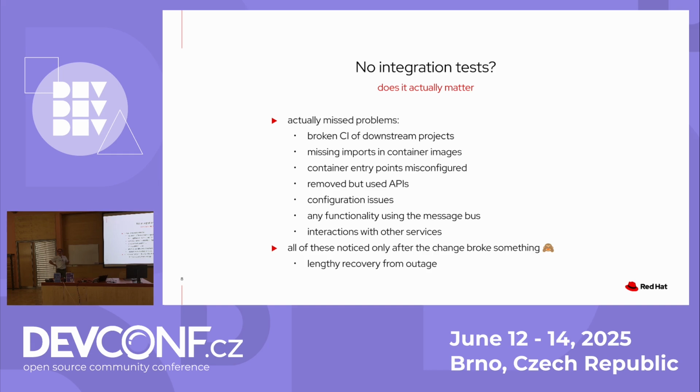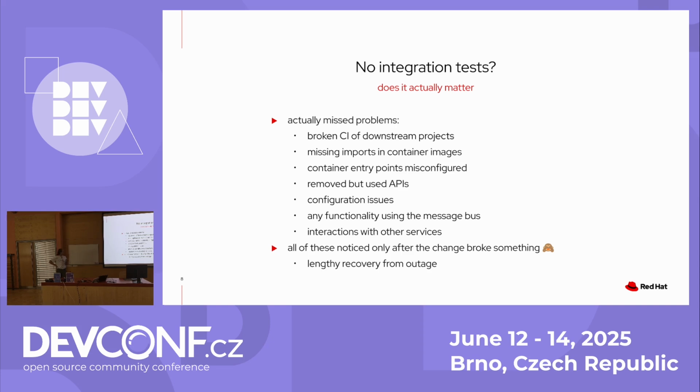You merge something in Python code and you break a downstream project because something changes, and now all these merge requests are red and people are angry at you because they can't get their code in. Container images don't spin up because you messed up the imports. You misconfigure entry points of container images, and Kubernetes might save you when you deploy this because the new deployment doesn't spin up.